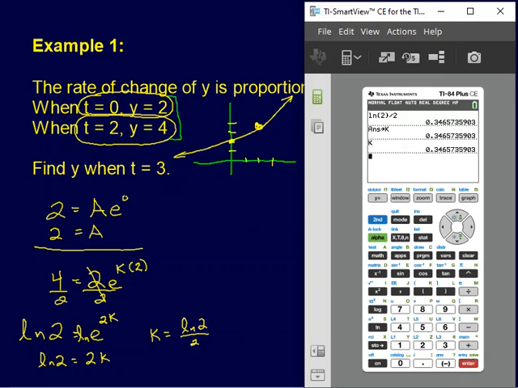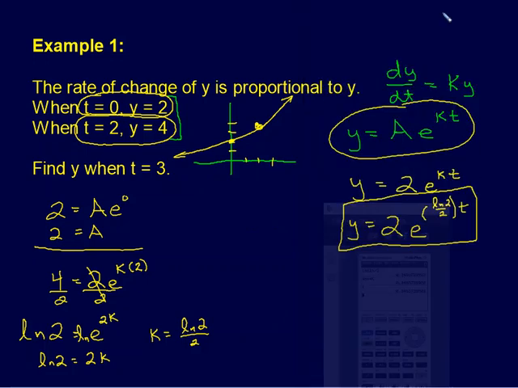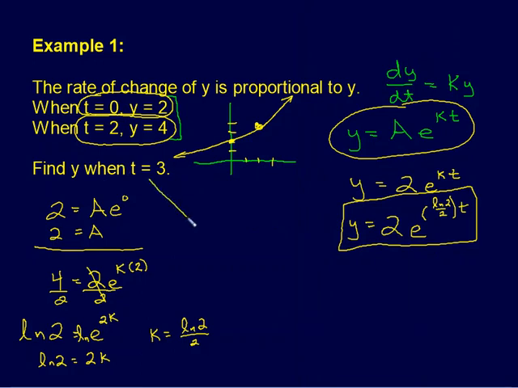Okay. Now, back to our situation here. What we want to eventually do is find y when t equals 3. Now this is very easy because I know the entire function for y. All I've got to do is 2e to the, now I'm just going to write it as k again, k times the time 3, and literally this is all you have to do to type in your calculator because you've already got the k stored, right?